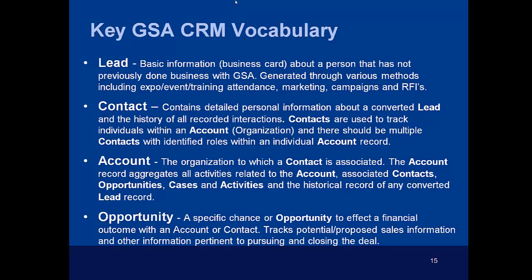And the other thing to remember is that when we are talking about our leads, contacts, accounts, opportunities, these words are indicative of specific pieces of the system, what we refer to as modules. They have very specific definitions that refer to very specific portions of the system, which is why it's important for you to understand exactly what we mean by these.